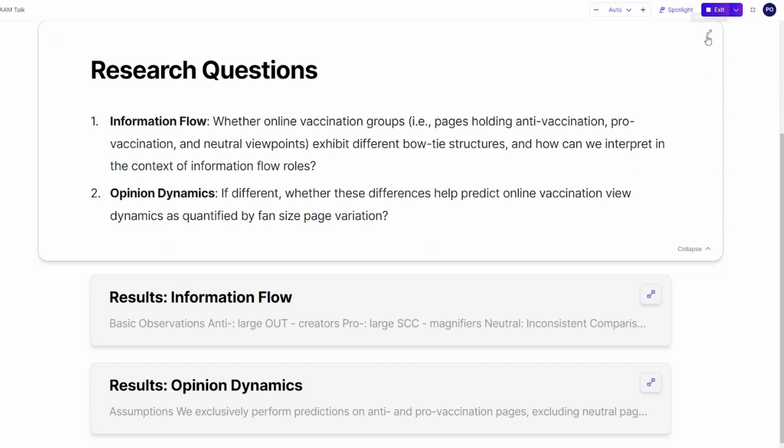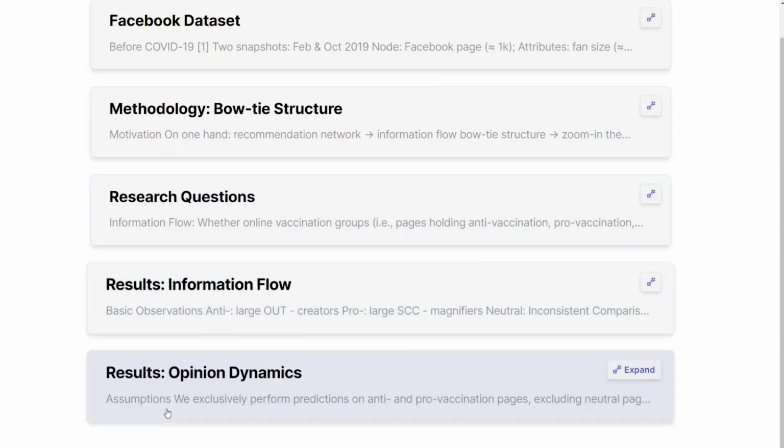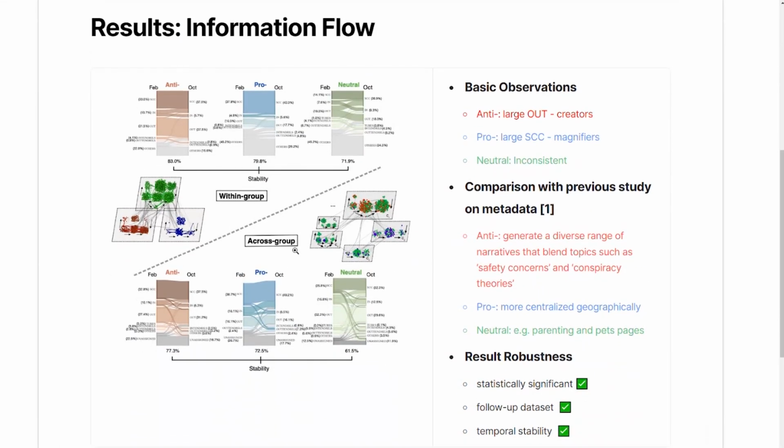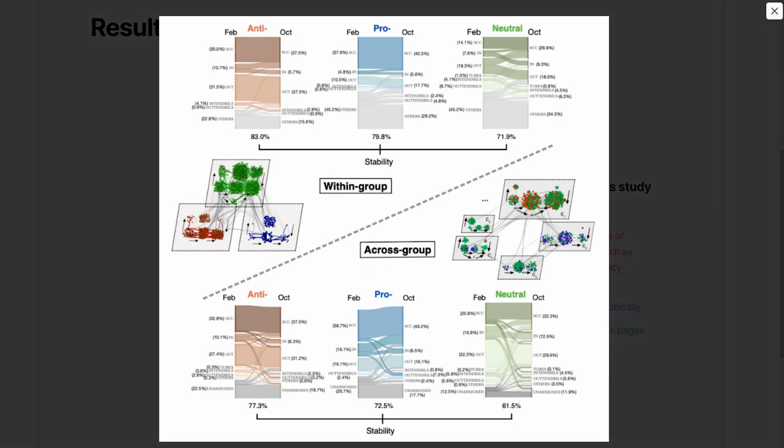That's why I put the results in two sections. The first part is about information flow. The basic result looks like this. On the left-hand side, we call it the within group because we are extracting the subgraphs of each vaccination group. For example, you can see that anti pages are put together, and also pro and neutral.